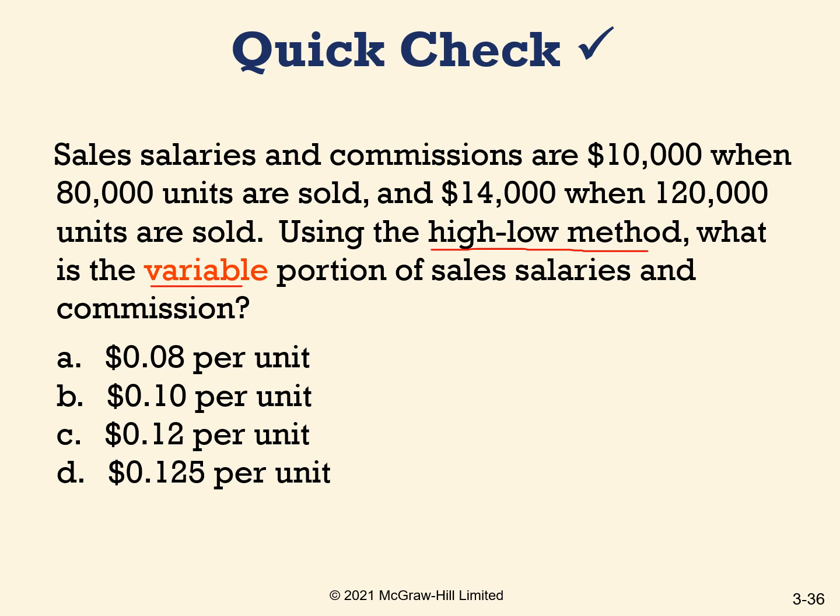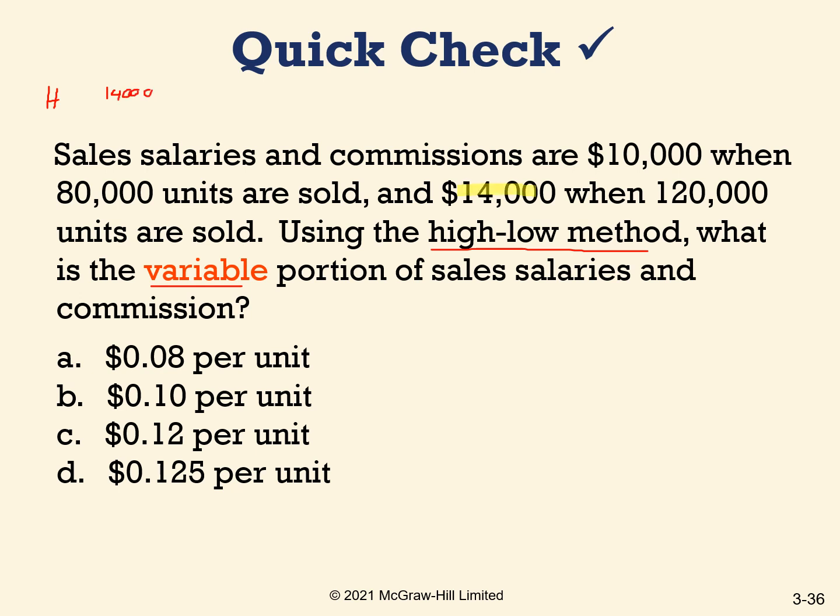If you remember, we're going to have to get our high and low data points. For our high point, it is going to be our $14,000 in cost. It might be easier here to see.